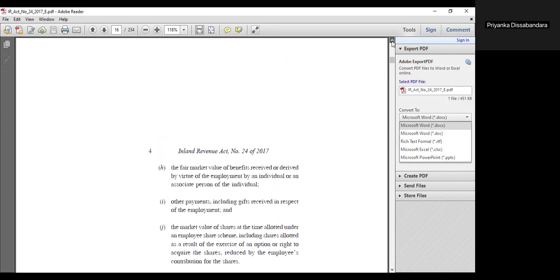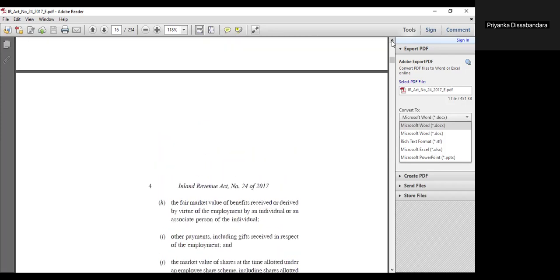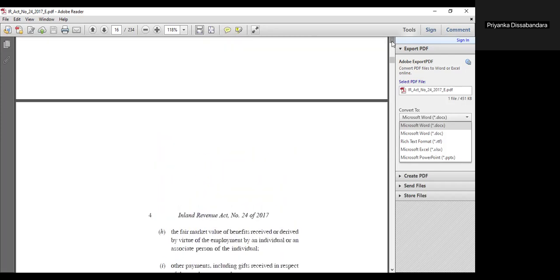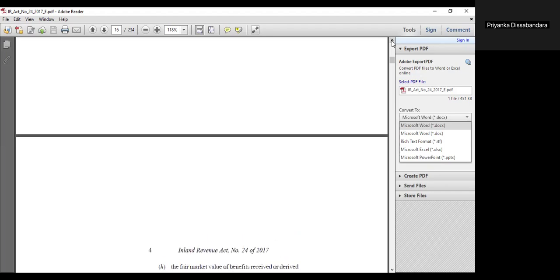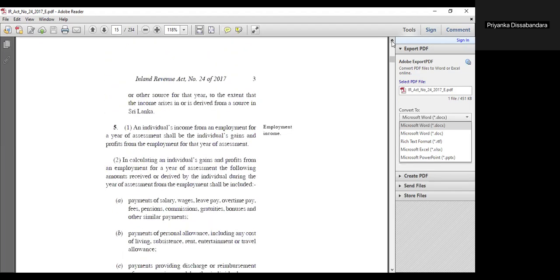For all other 3 sources, we have separate sections 5, 6, 7, and 8, and each of these 4 sections has subsections 1, 2, and 3.